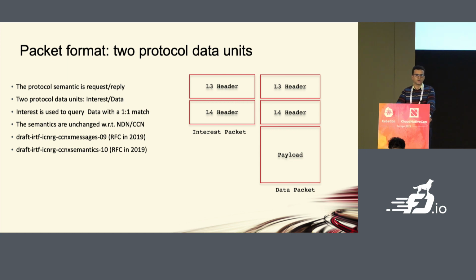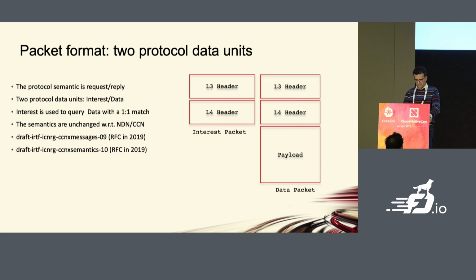So essentially, using the information stored in the layer 3 header, the IPv6 address, and the suffix, which is stored in the layer 4 header, you have this index, which is used to forge a request for this data packet. And then this is how the network can reply. The network, in the first place, is the server side, where the socket is open, where the data is coming from. But in principle, any place where this piece of data is stored can be used to reply back to a requester.